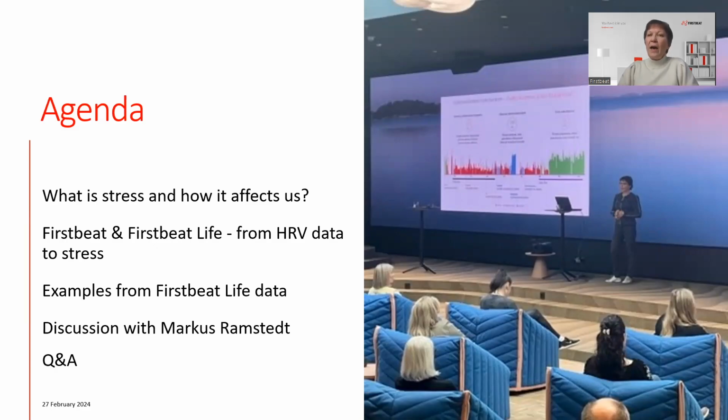We do have a lot of very new listeners online, so a quick introduction to Firstbeat, and then I'll share some interesting results and cases from Firstbeat Life data, a few different kinds of results, with the idea of how data in those circumstances could provide valuable information about the person's stress situation, whether it was good or bad stress, and what kind of takeaways they could take from that.